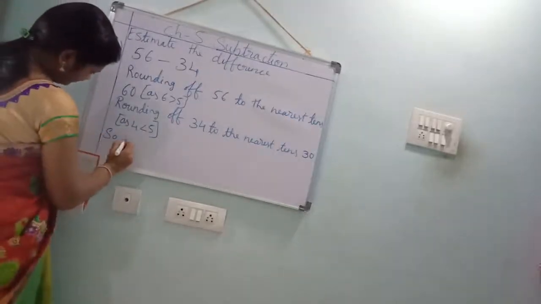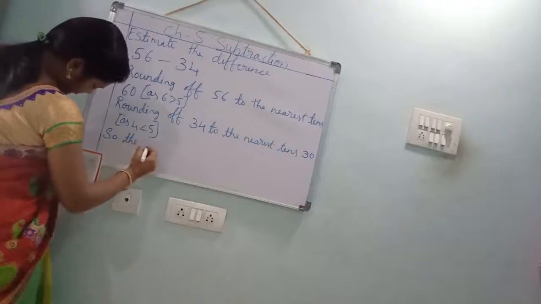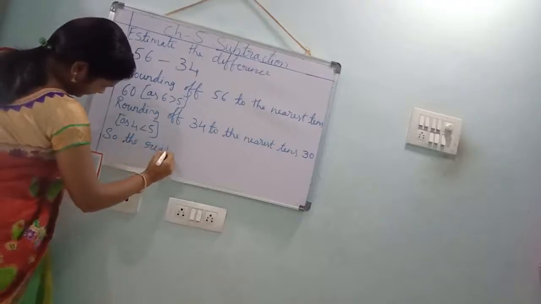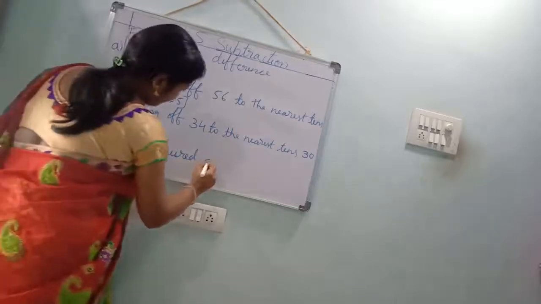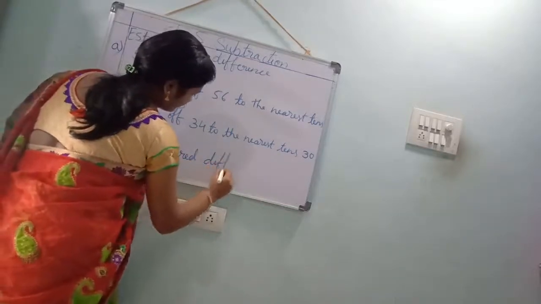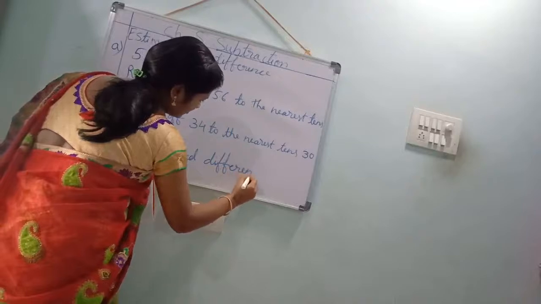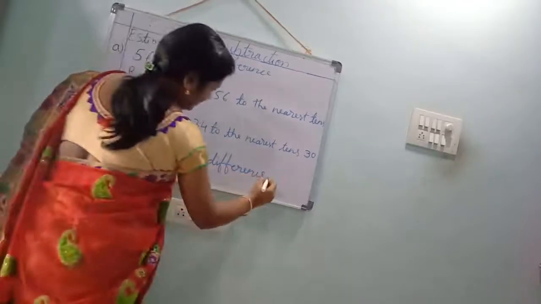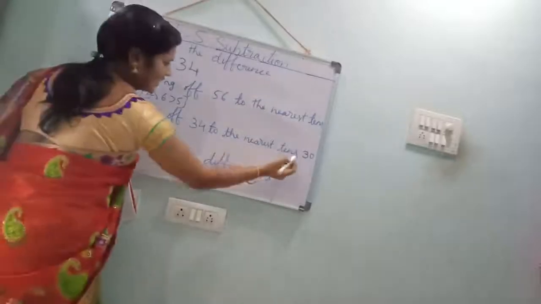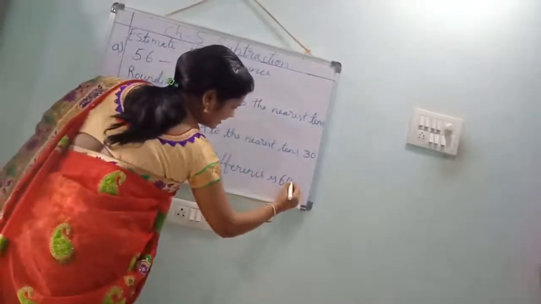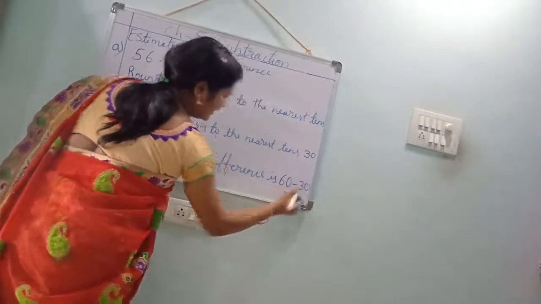So the required difference is, see what you have to do? 60 minus 30.